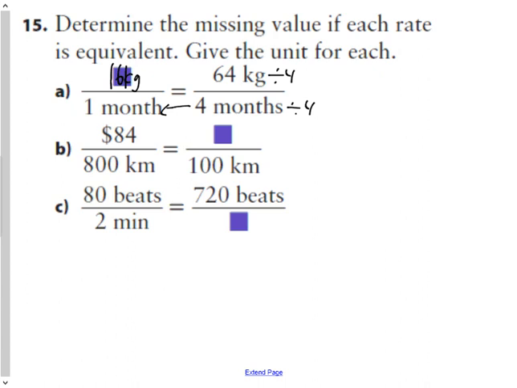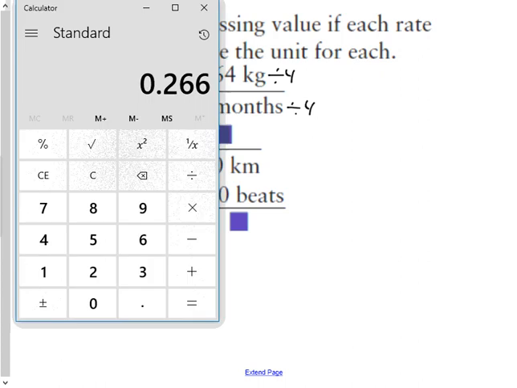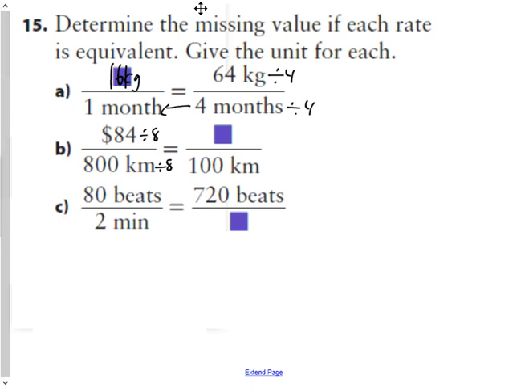Here, if I think of it as using division, if I divide both by 8, I will get the proportionality of the second rate, which means that 84 divided by 8 is 10.5. So therefore, it's $10.50 per 100 kilometers. And the last one, if I don't know that 80 times 9 is 720, then it's going to be difficult.